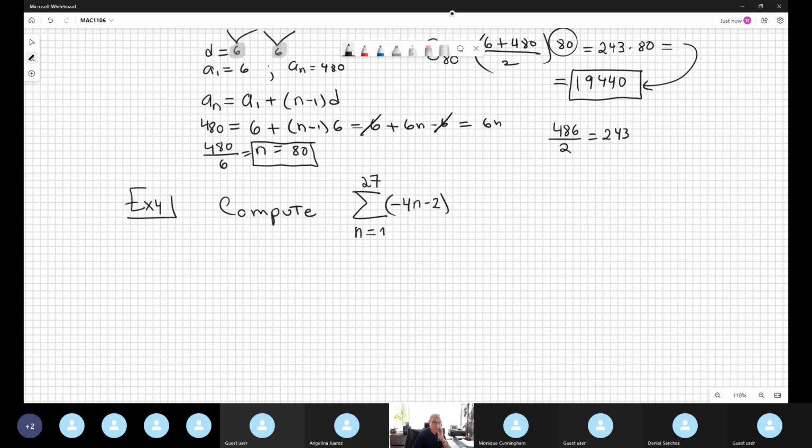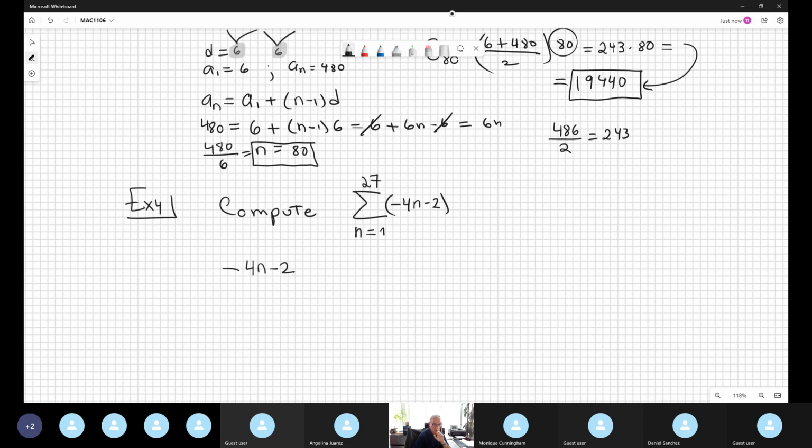2. One possibility is to manipulate this using the properties of the summation notation. Okay, it's possible. We can do that. But not now, because I discovered that this sequence, minus 4n minus 2, is arithmetic. How do you know it's arithmetic? Because it's linear.